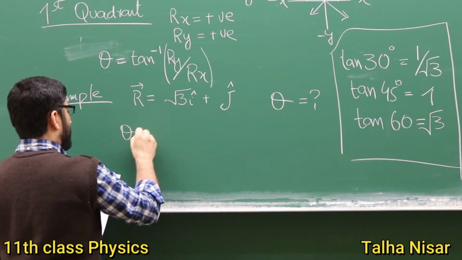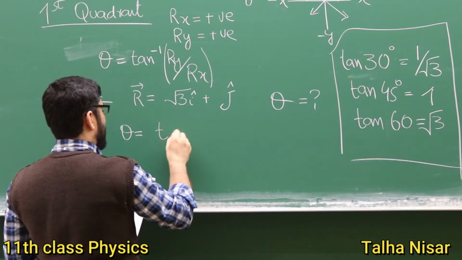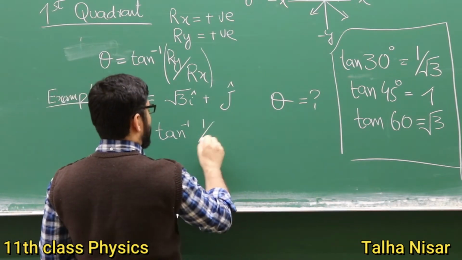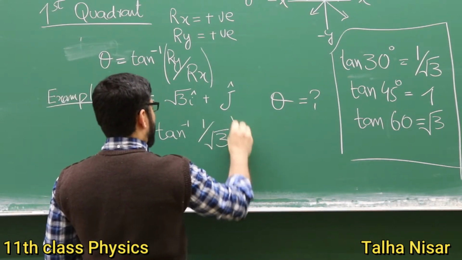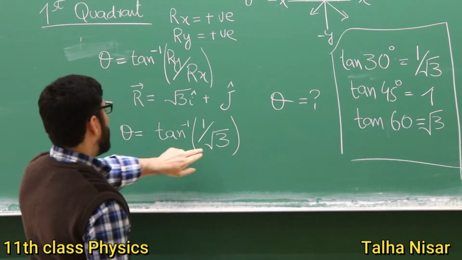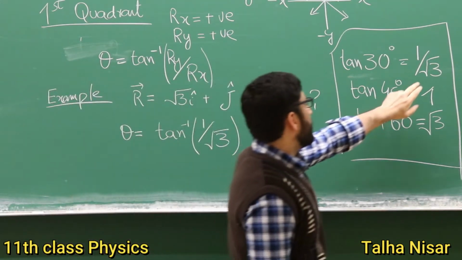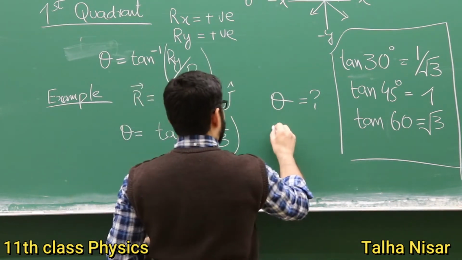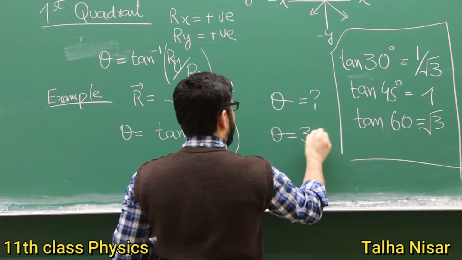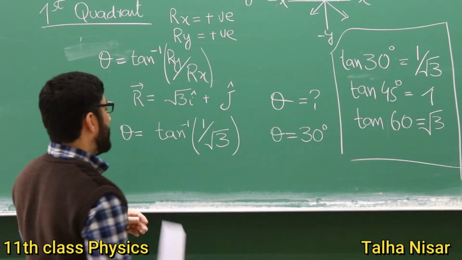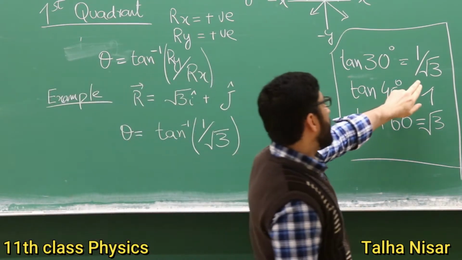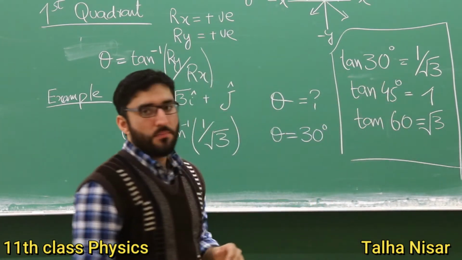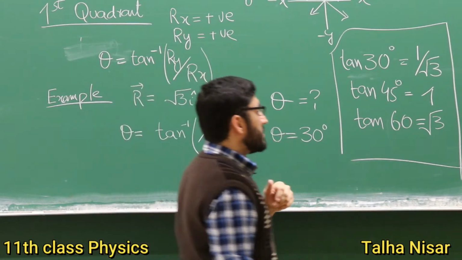So the theta here is tangent inverse of 1 by root 3. What we just see here is this is 30 degrees. So theta is equal to 30 degrees. If you remember these values, these 3 angles are important. They are usually asked in the exams.